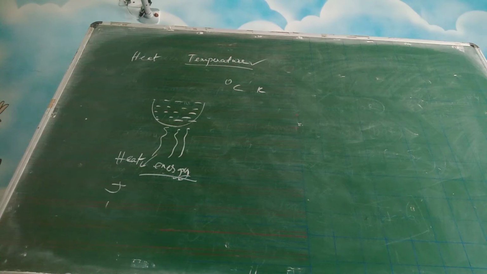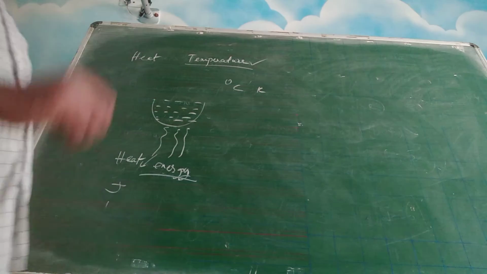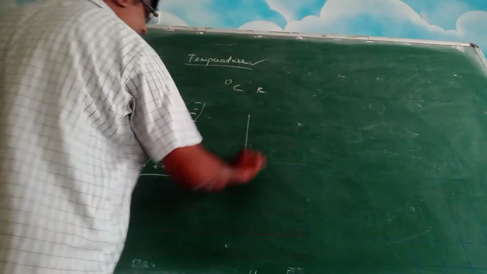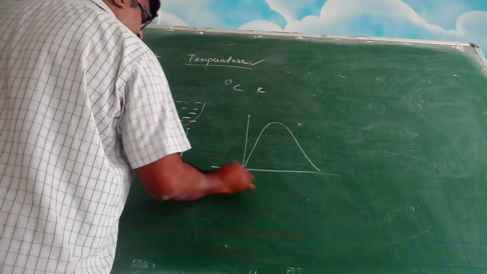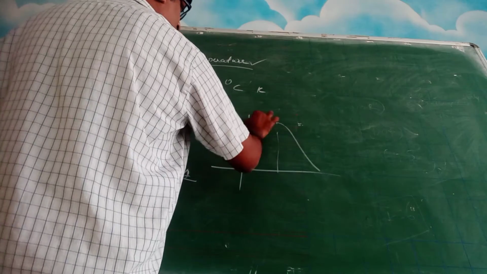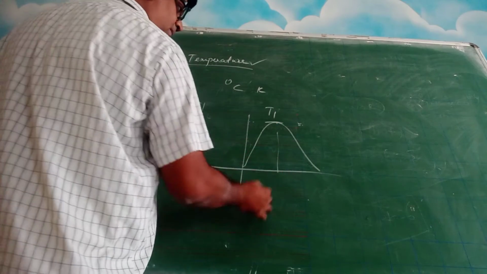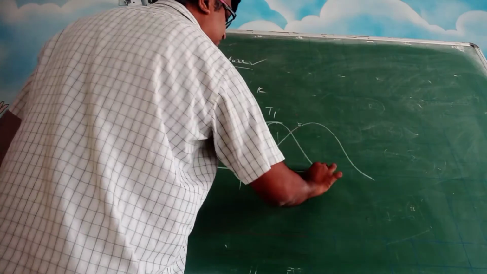While discussing molecular speeds, I drew a graph with respect to temperature also. I told you about the most probable speed, remember this graph? There was a graph like this. This was the most probable speed at temperature T1. Then what happened? When you increase the temperature, the graph slightly became like this.